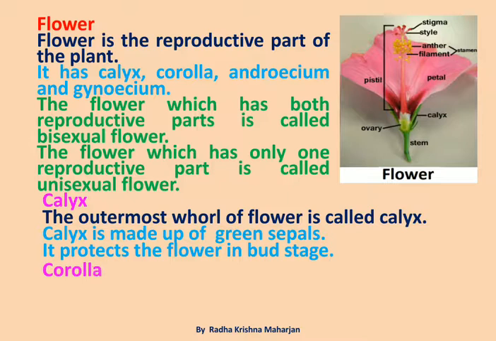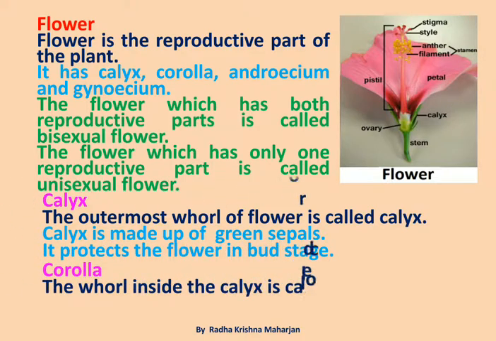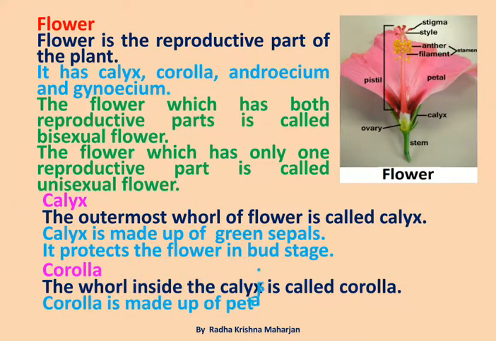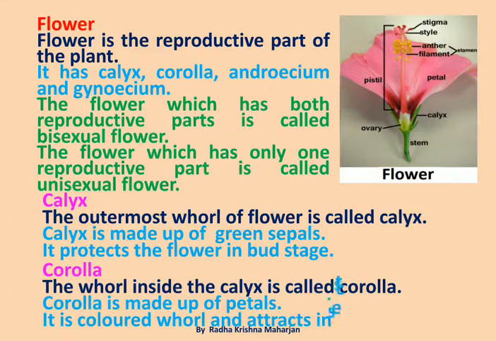Corolla. The whorl inside the calyx is called corolla. Corolla is made up of petals. It is colored whorl and attracts insects.